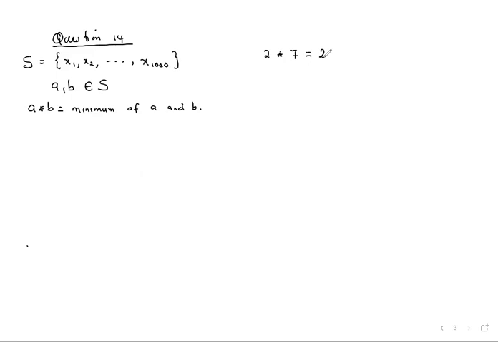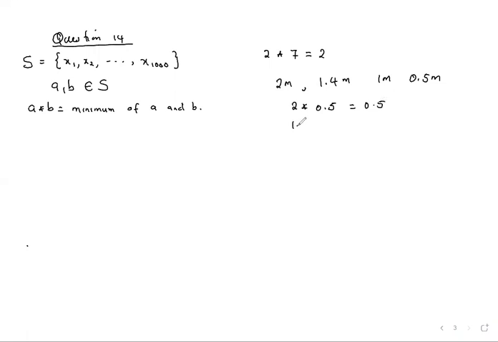Where these A and B are the heights of the 1,000 students. So if this person is 2 meters, the other one is 1.4 meters, the other one is 1 meter, the other one is 0.5 meters. Then if I pick 2 star 0.5, the answer will be 0.5 because that's the smallest.